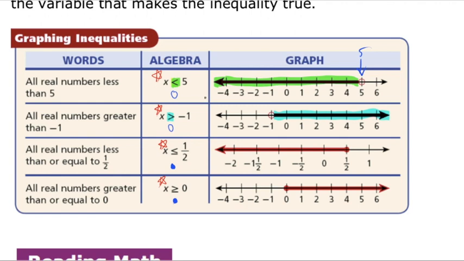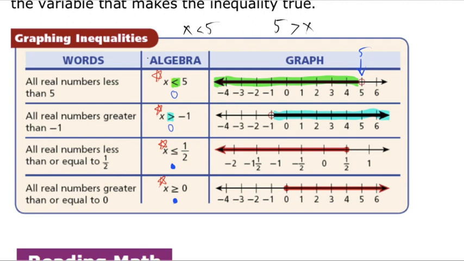If you had flipped this equation around, so instead of having x is less than 5, it would have looked like 5 is greater than x. Notice that I flipped everything, including the sign around, because 5 is going to be greater than that x, and x is less than 5. So I flipped it around, but now the arrow is pointing to the right, so it doesn't make sense trying to graph it that way.